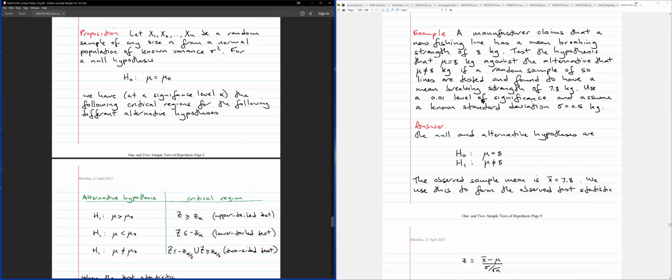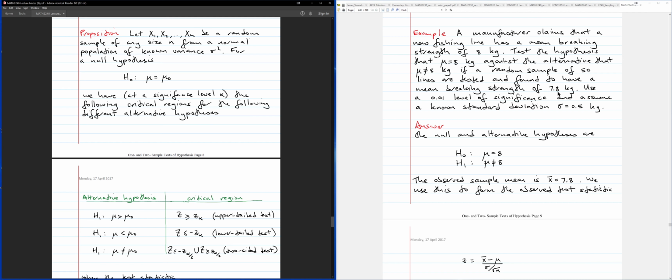All right, so let's consider this problem. A manufacturer claims that a fishing line has a mean breaking strength of 8 kilograms. You want to test the hypothesis that mu is equal to 8 against the alternative hypothesis that mu is not equal to 8. You're using a random sample of size n equal to 50, and you're given that the mean breaking strength, the small x bar, is 7.8.